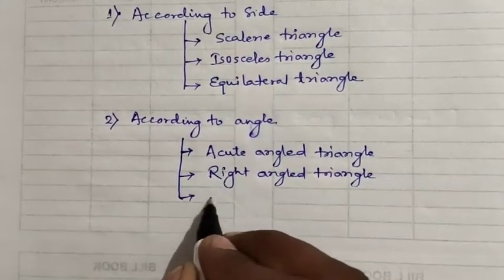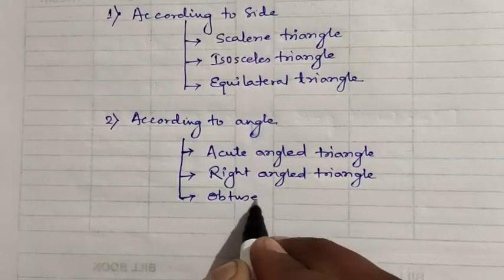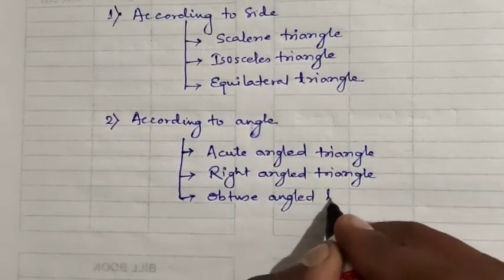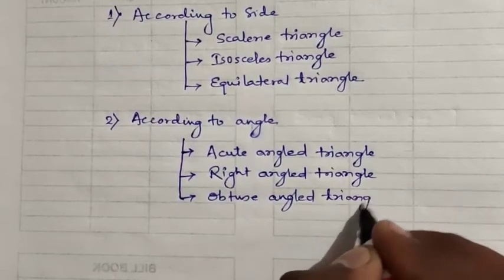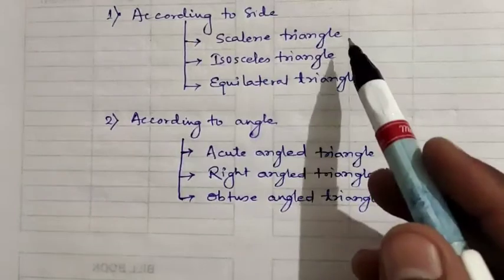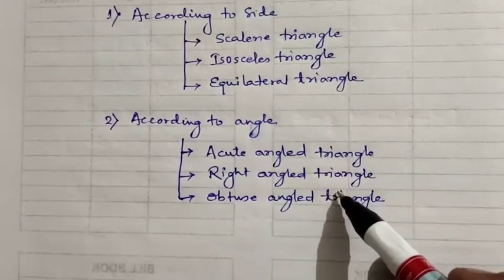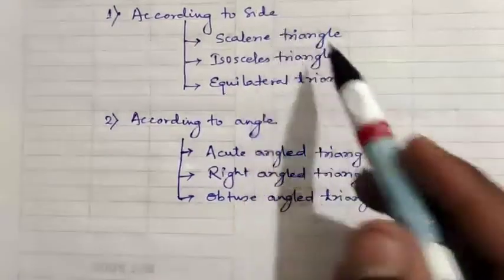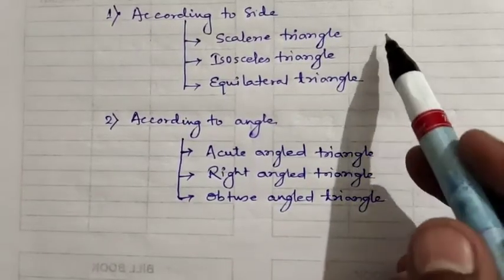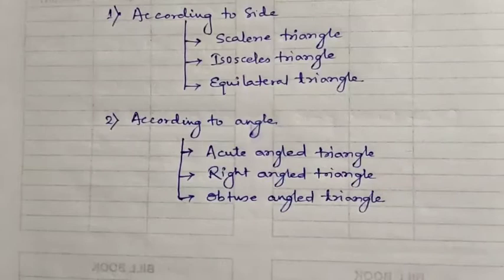And the last one is obtuse angle triangle. That means there are a total of 6 types of triangle: 3 according to side and 3 according to angle. Now one by one we will learn all of these triangles.